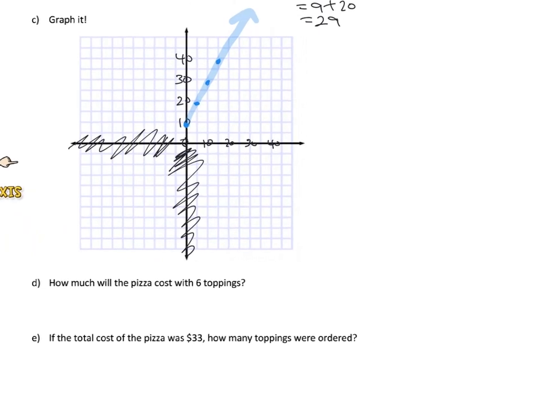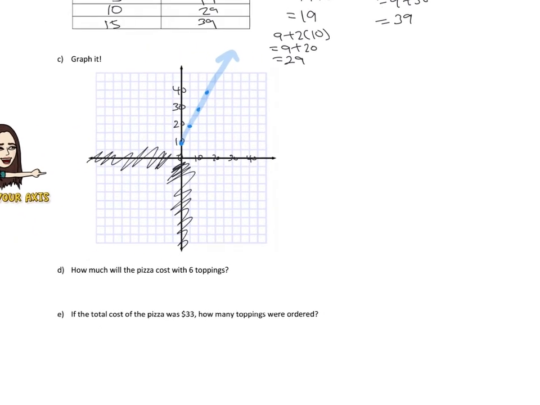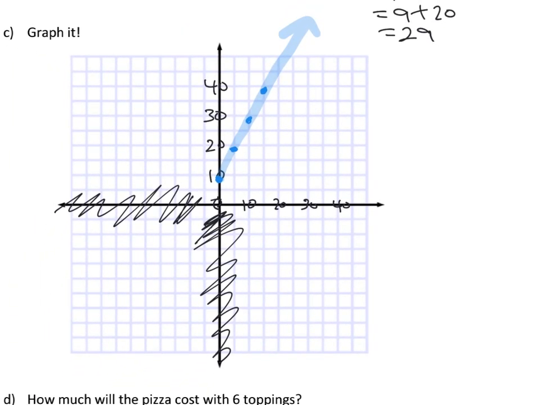In word problems, we're not done. We are also going to use this information to estimate how much the pizza will cost with 6 toppings. But actually, I forgot to do one thing on my graph. I had to label my axes, right?